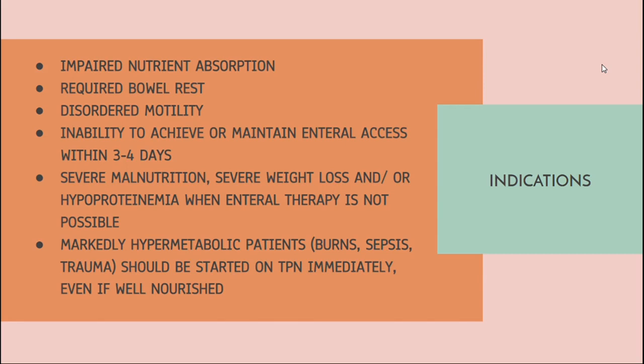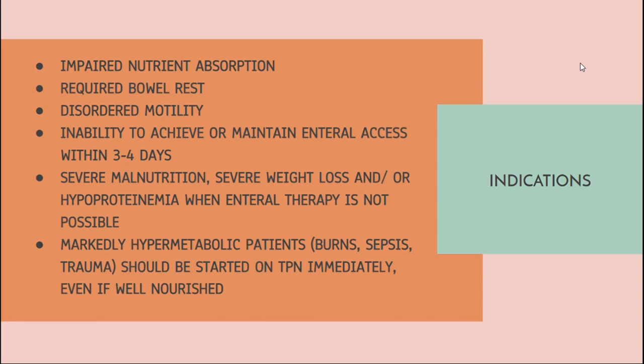Second is required bowel rest, such as mesenteric ischemia, severe pancreatitis, or necrotizing enterocolitis. Next is disordered motility, such as prolonged paralytic ileus, but not gastric stasis, or pseudo-obstruction. The inability to achieve or maintain enteral access within 3 to 4 days.